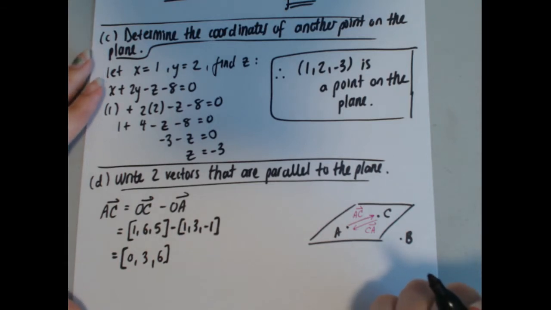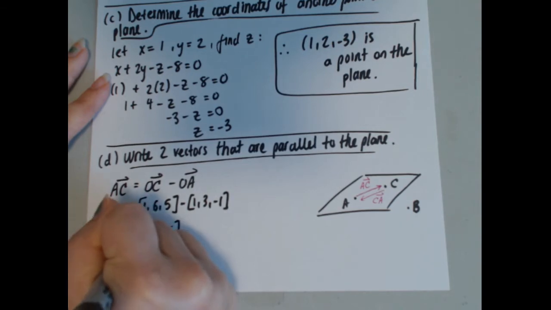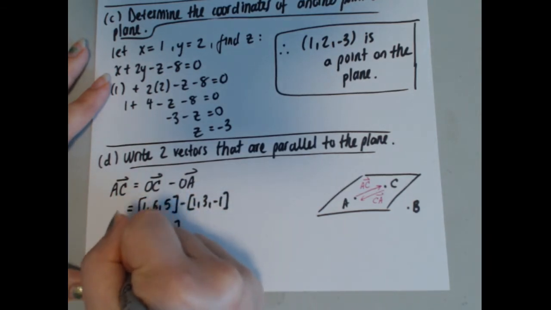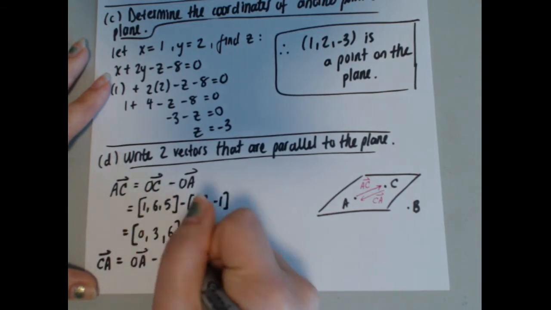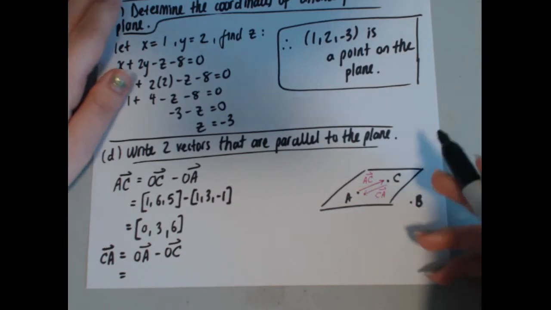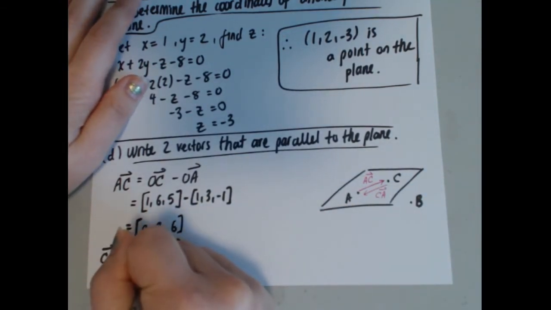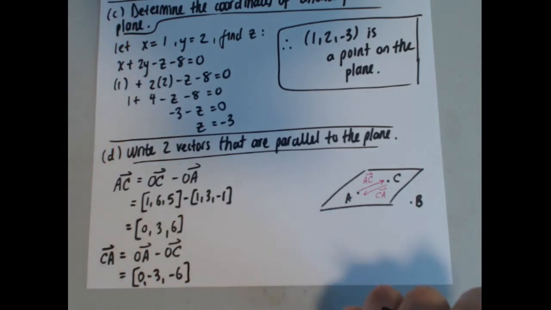And I do that same thing again, but I look for CA. So CA is going to be OA minus OC. And I mean, you can figure it out from scratch, or you can just see that they're opposite vectors. So that means I have [0, -3, -6]. All right, if two vectors are opposite, that means they're negatives of one another. Right?